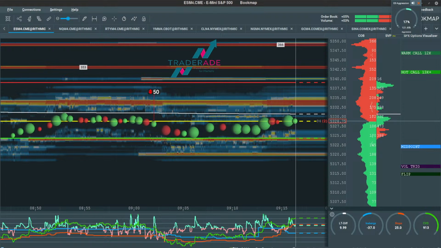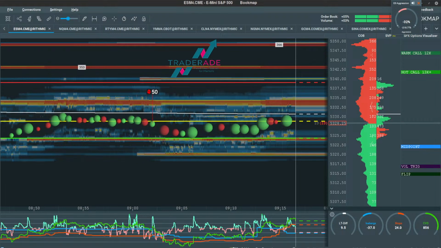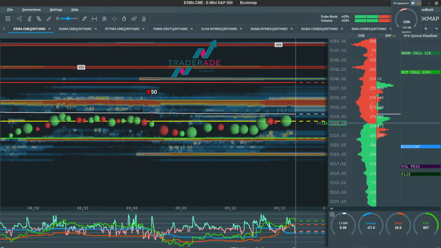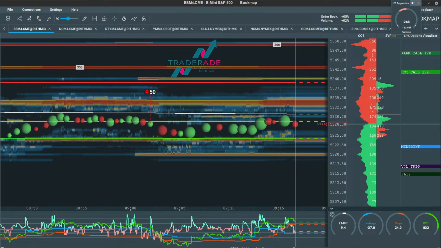Now, the last radial we have is the CVD, the cumulative volume delta. Unlike icebergs and stops, I have that for the entire session. It resets at cash open at 9:30 and goes all the way through to the end of the cash session. What this shows you is the difference between buying and selling, so it's a nice at-a-glance sense of the mood of the market.